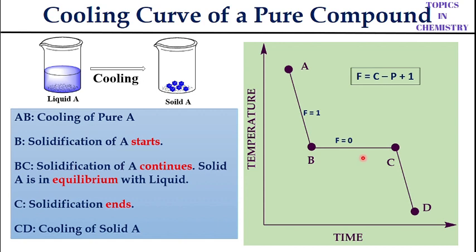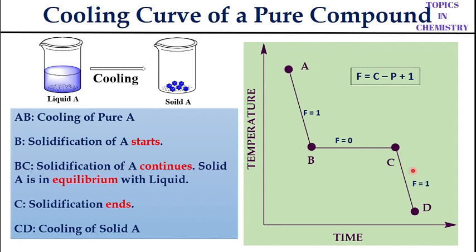F = 0 means there is no variable, so the temperature is also constant. F = 0 means pressure is constant and temperature has no variation. That's why the solidification of A occurs at a fixed temperature.